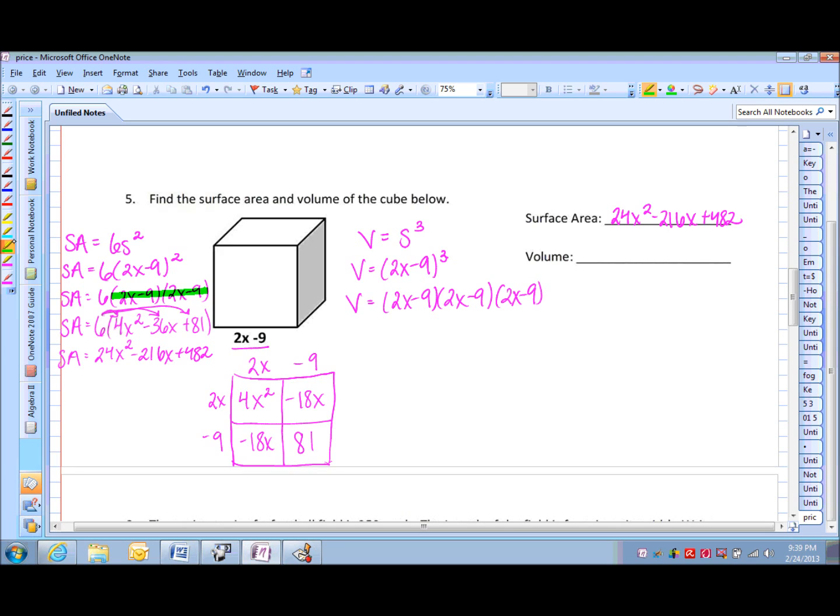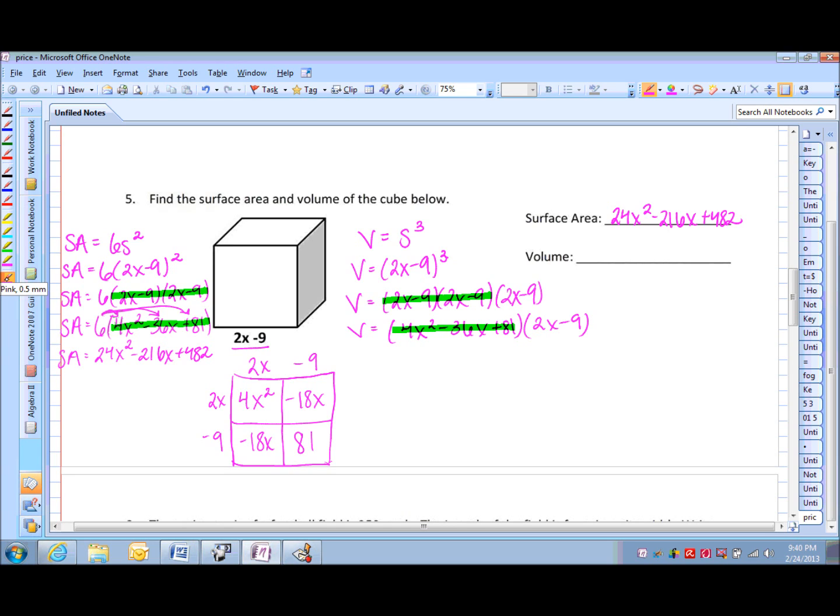Well, if you notice, we've already done 2x minus 9 times 2x minus 9 when we were finding the surface area, and that came out to be 4x squared minus 36x plus 81. So I can just replace that with 4x squared minus 36x plus 81, and then we'll multiply it by 2x minus 9.